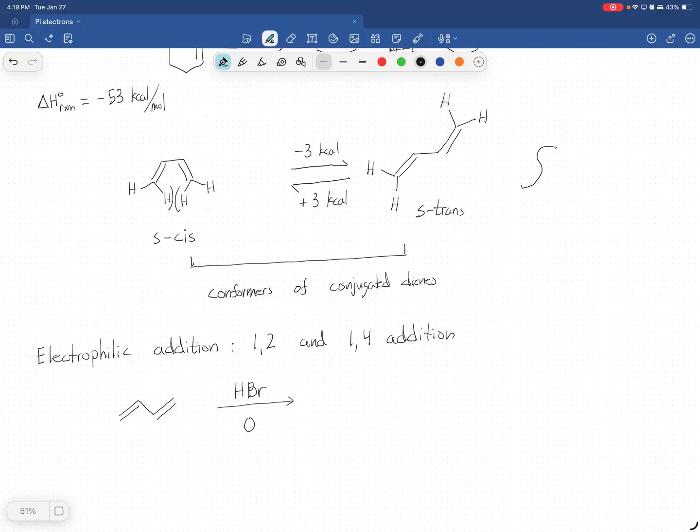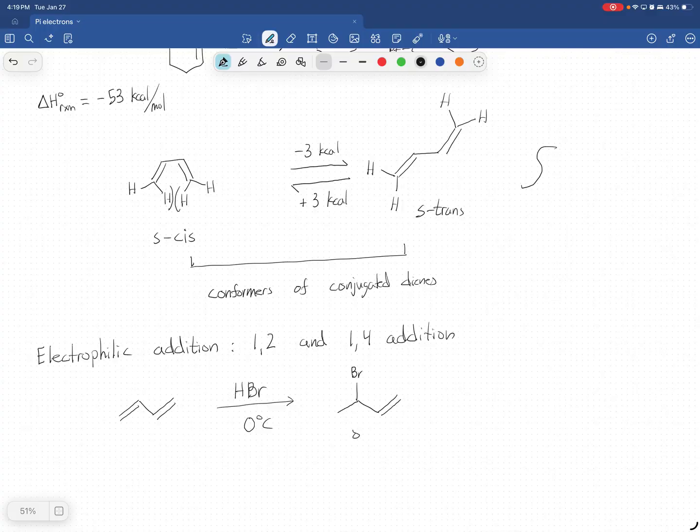All right, so I'm going to mention a few things here. If you have two temperatures and one is much lower than the other, that favors kinetic control. So 0 degrees, very cold. The product we get is a mixture, but they are so different that we can isolate them.